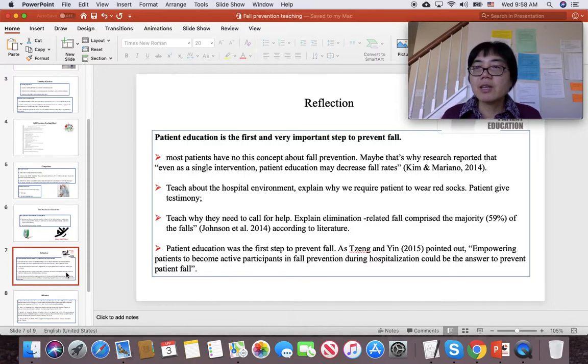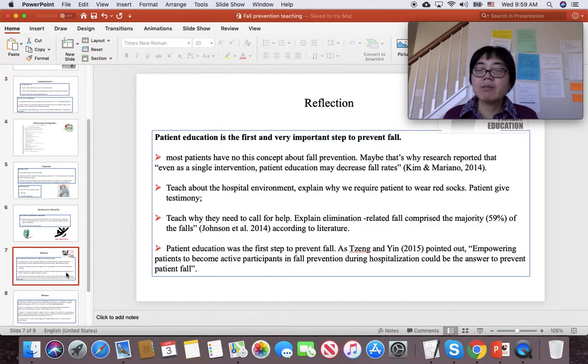First, I found that most patients have no concept of fall prevention because for most of them it is an elective surgery. Maybe that's why research reported that even as a single intervention, patient education may decrease fall rates.